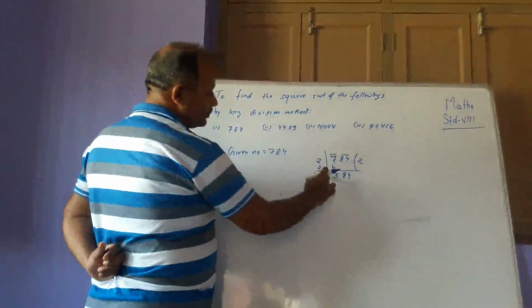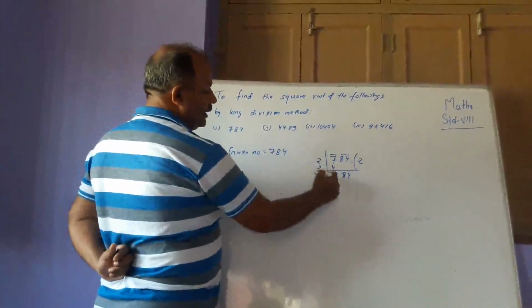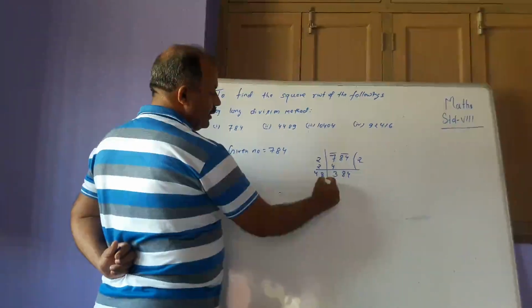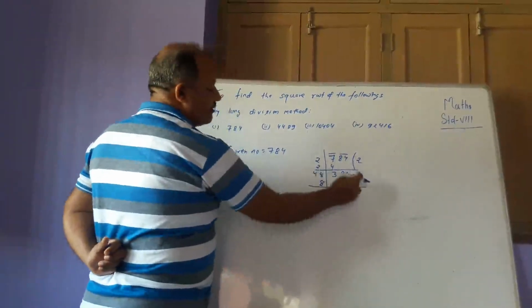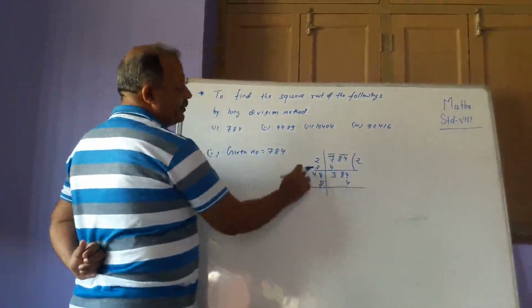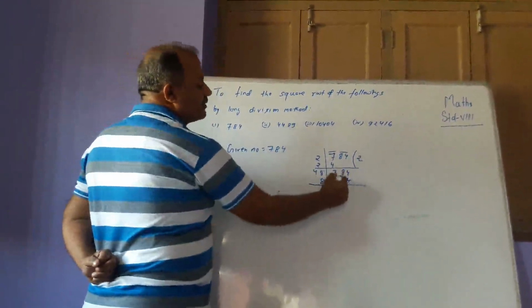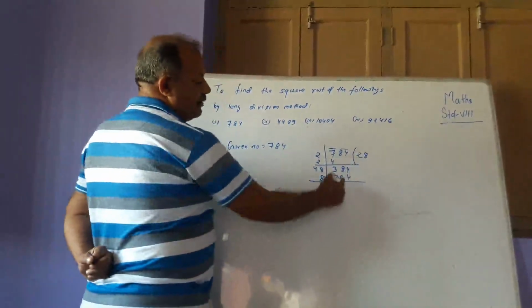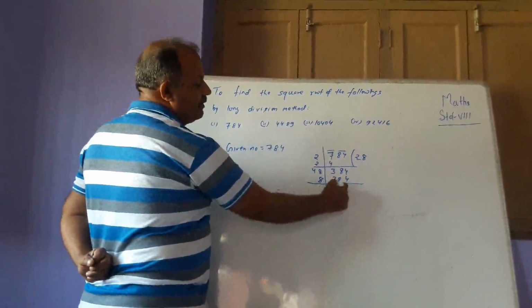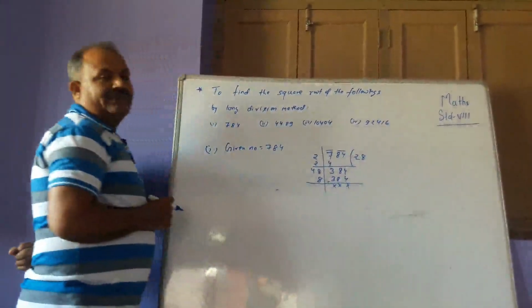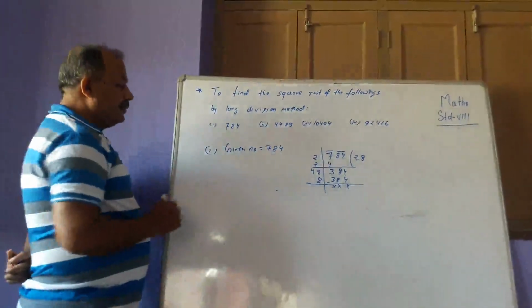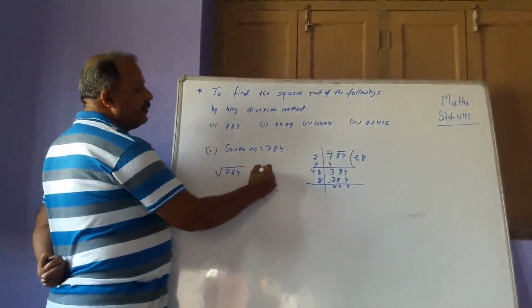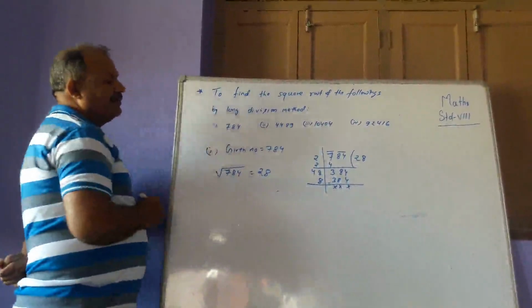This will be 8. 8 eights are 64, 8 fours are 32 and 6 makes 38. On subtracting we find all are 0. Now the square root of 784 will be 28.